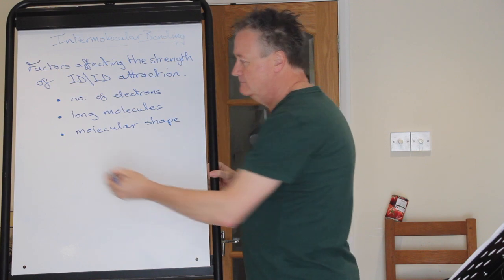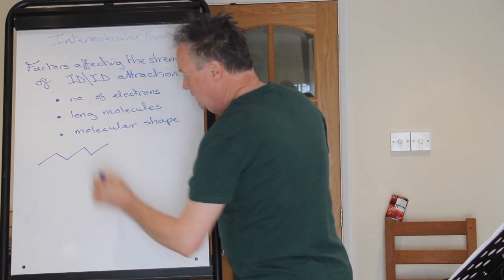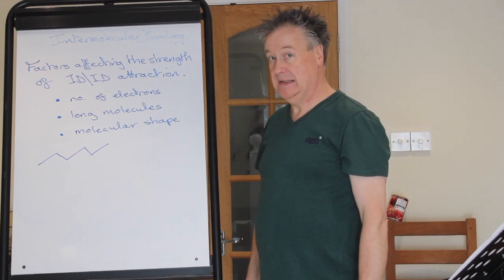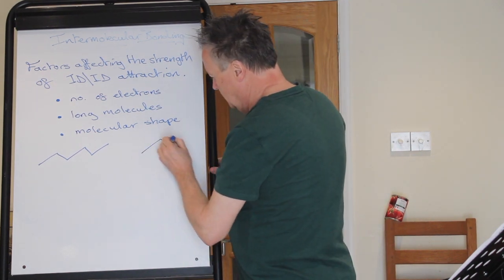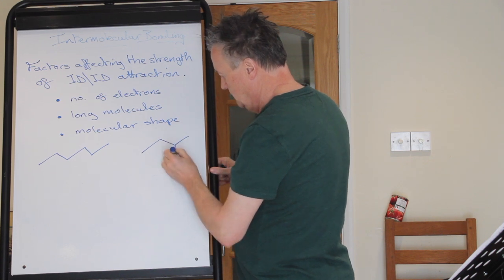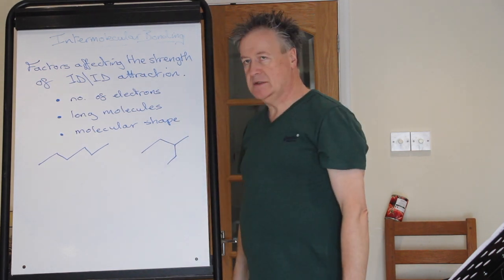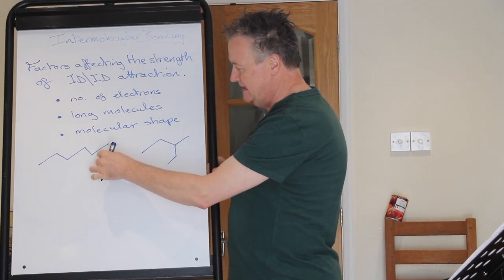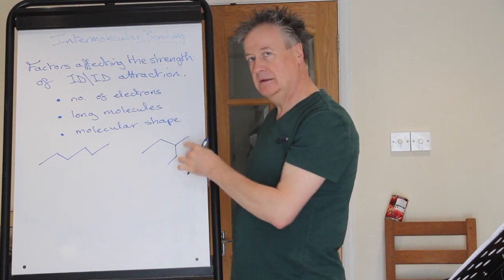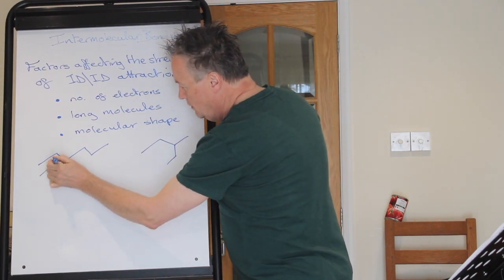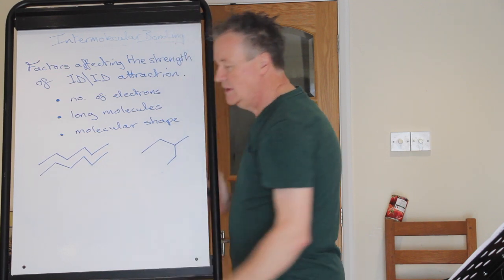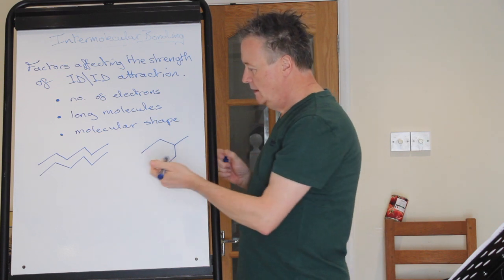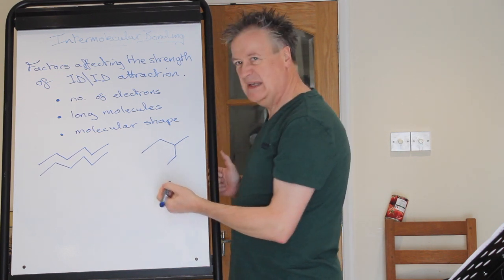So if you were to look at skeletal hexane, and you were to look at an isomer of it, that has a higher boiling point than that. Reason? It can nestle alongside each other in a lovely spooning sort of way. This one, can't get it in there quite so easily.